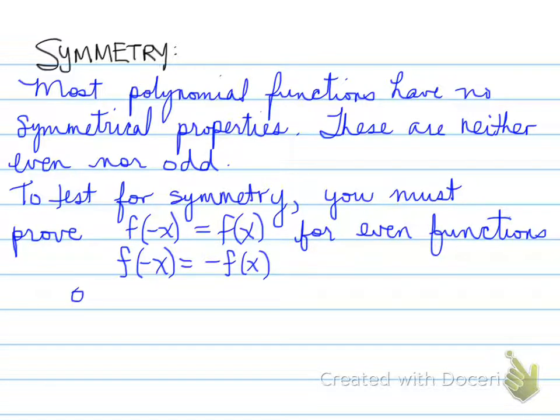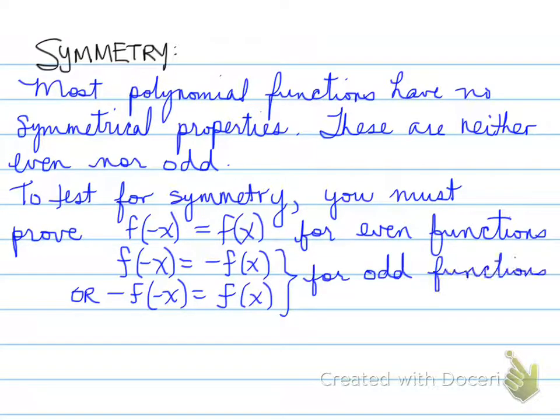Now, a lot of you are probably going, but wait, you didn't teach us that. Yes, I did. But how I set it up for you guys was I said negative f at negative x, so we plug a negative in front of f at negative x. That answer should get us back to the original function. What happens is that students can either see one or the other, but both are acceptable to prove that it's an odd function.